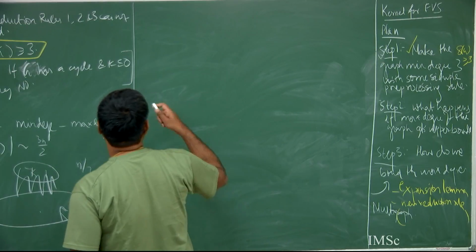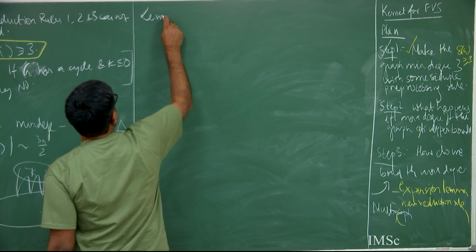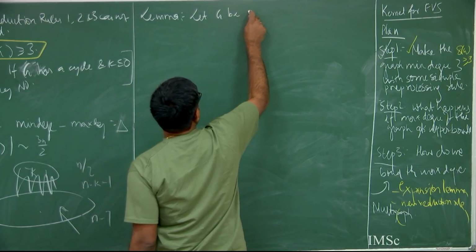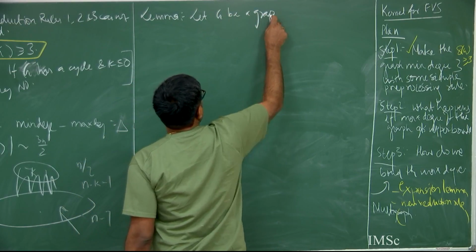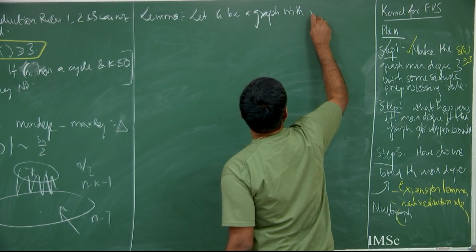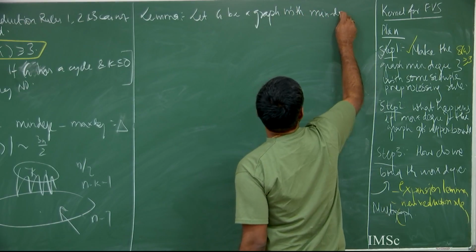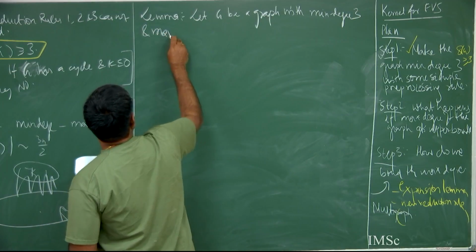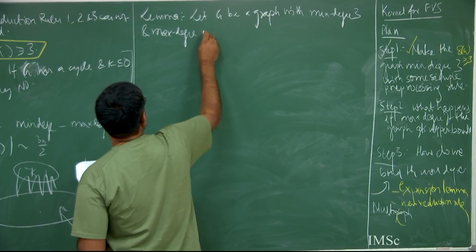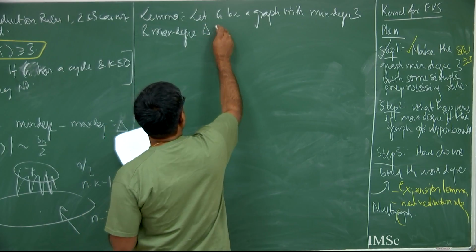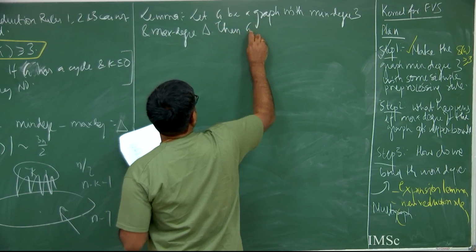Let G be a graph with minimum degree 3 and maximum degree delta.